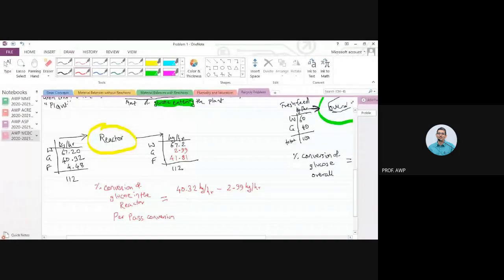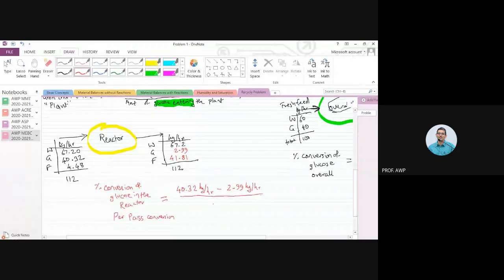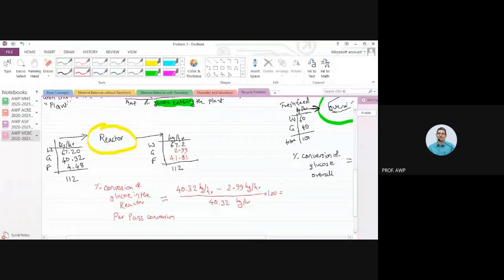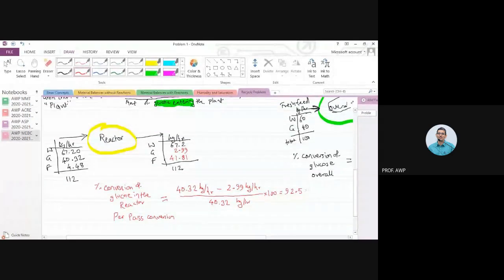That means the difference, 40.32 minus 2.99, is what has reacted, divided by what is fed, 40.32 kg per hour, into 100. So this is 40.32 minus 2.99 divided by 40.32 into 100. This is 92.585958%, 92.6% if you like.